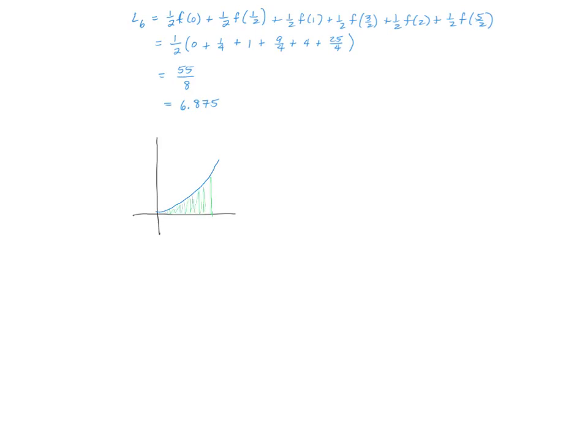So we're estimating that this area from 0 to 3 is approximately 6.875 using left endpoints. As we saw in our first example, maybe the left endpoint is not the most accurate. Maybe it would be a midpoint. So let's move on.